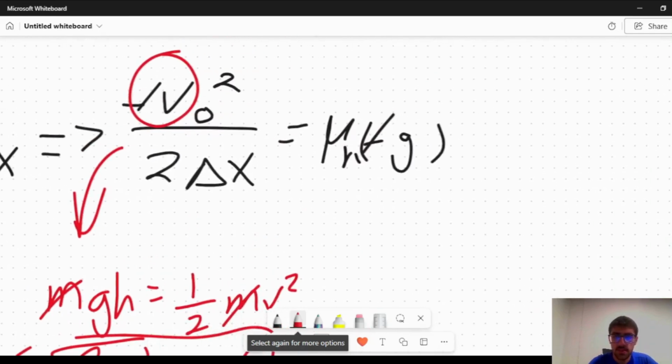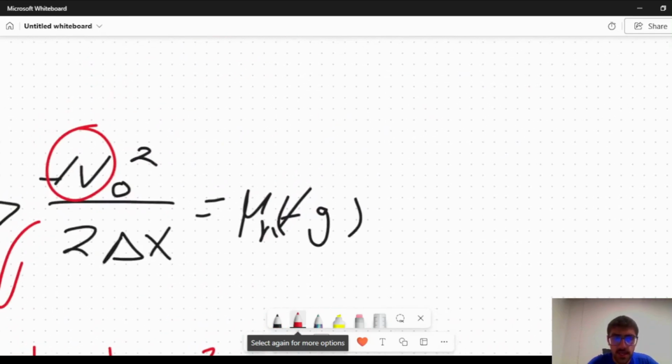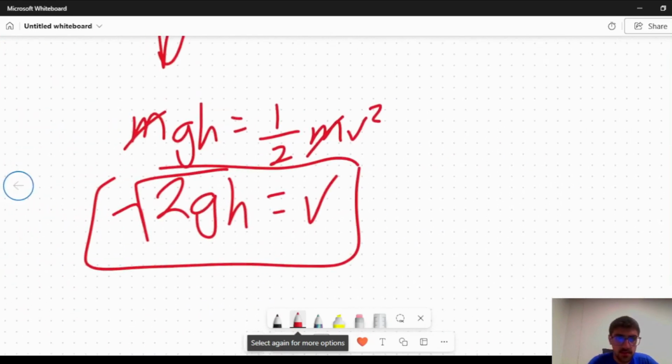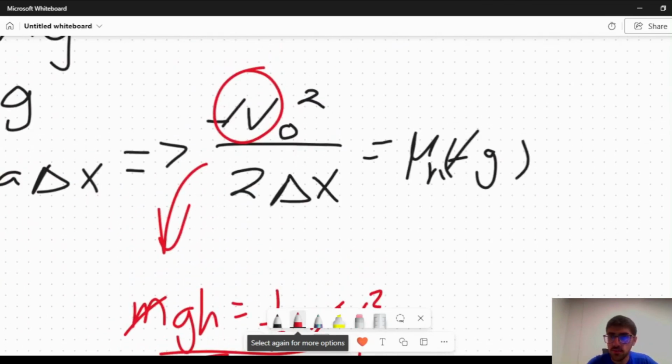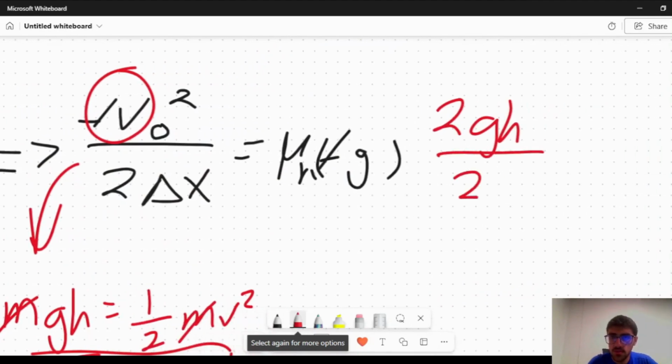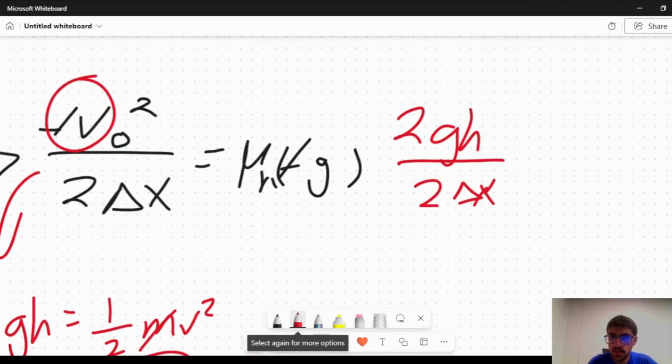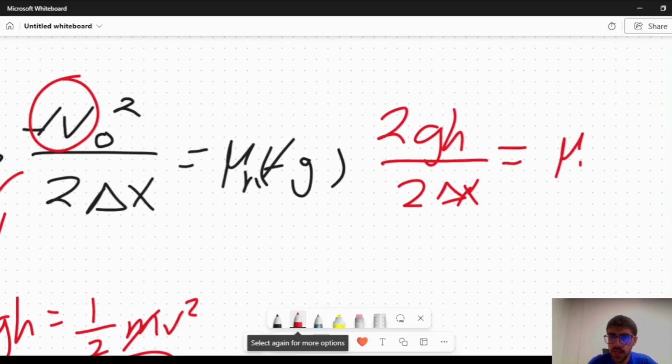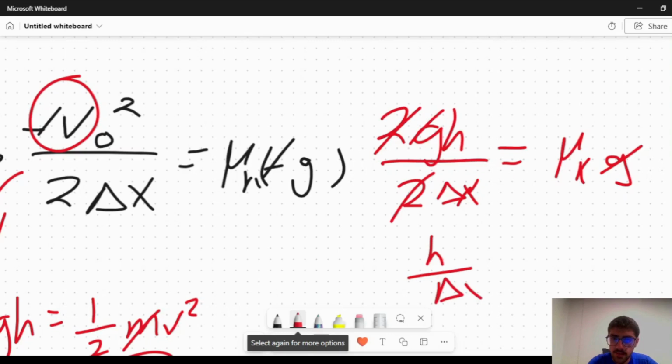So I can plug this in again. So we're going to get the square root of 2gh, squared, so just 2gh over 2 delta x is equal to mu k g. G's cancel, the 2's cancel. I'm left with h over delta x is equal to mu k.